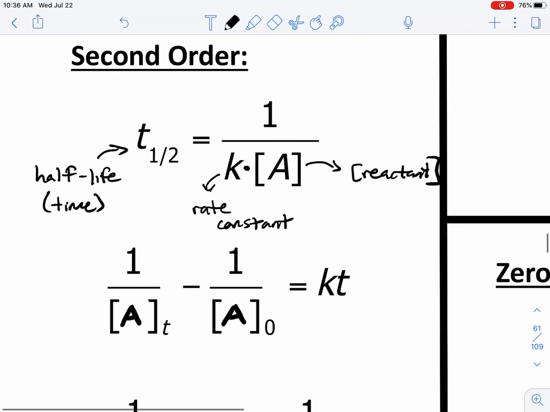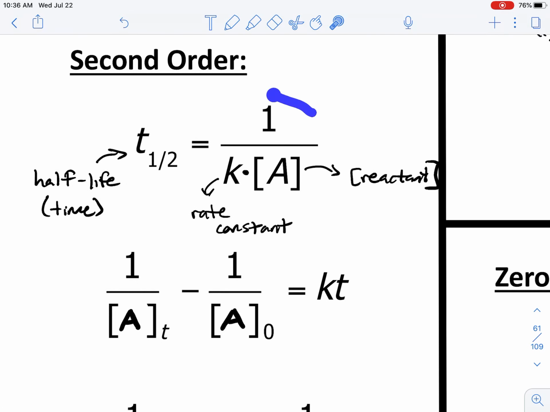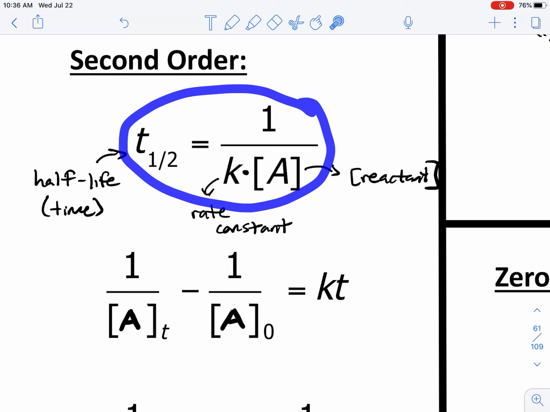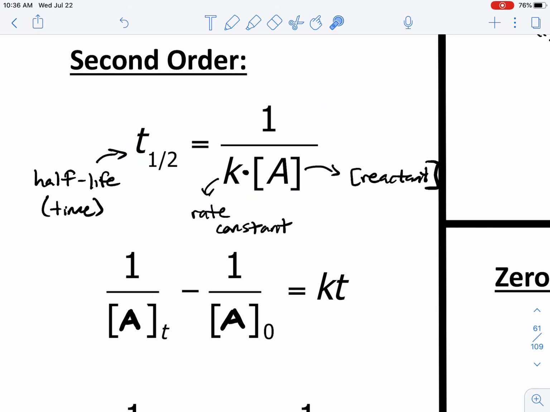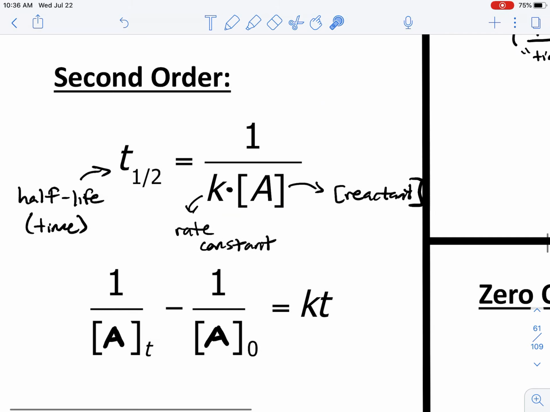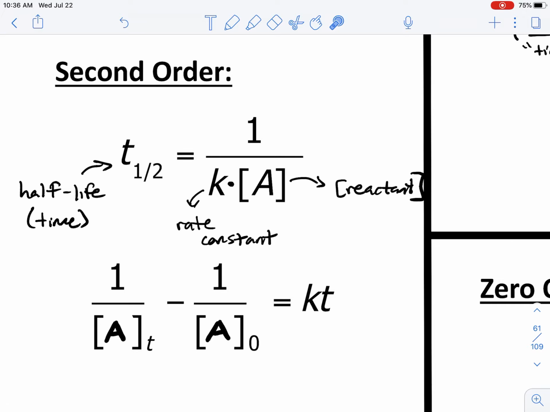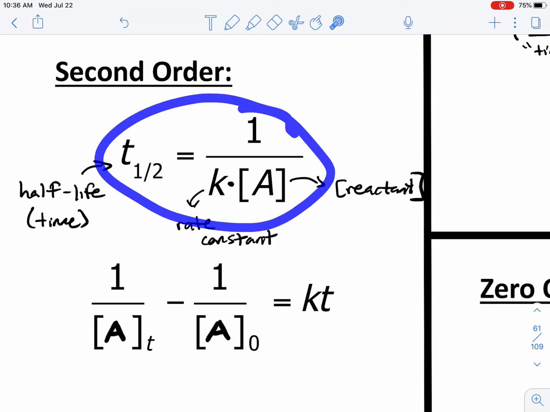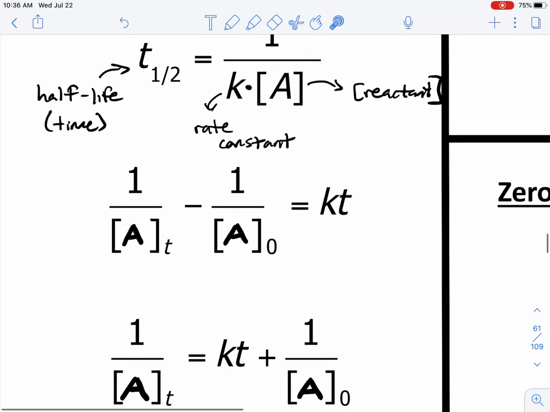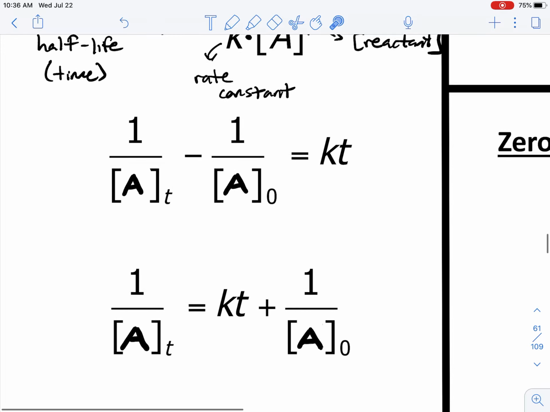And so that's pretty much it for the half-life equation for second order. There's nothing special about it. You do not take the natural log of 2 or anything like that. So just follow this equation and try to solve for the term that you guys are looking for.